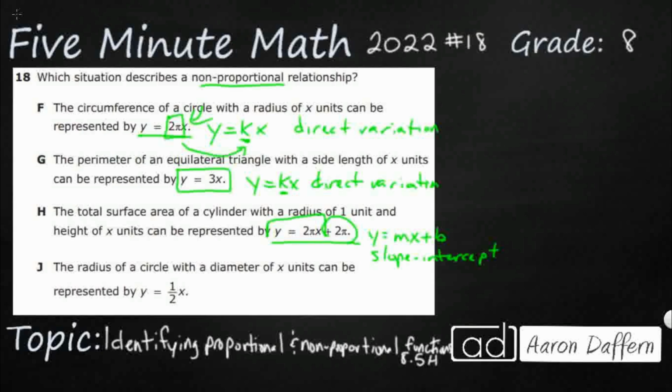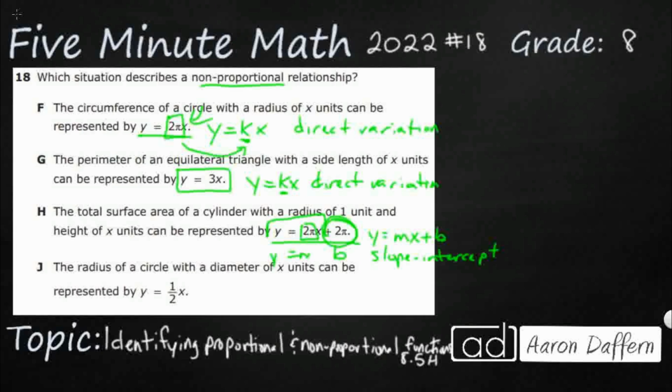Because the first part looks like the direct variation, the y equals kx, right? You've got your modifier right here, your slope. But then you've got this plus 2 pi. That's the b right there.